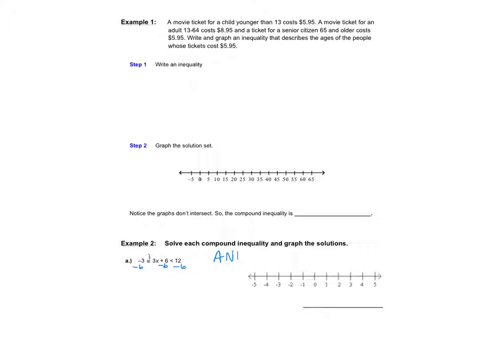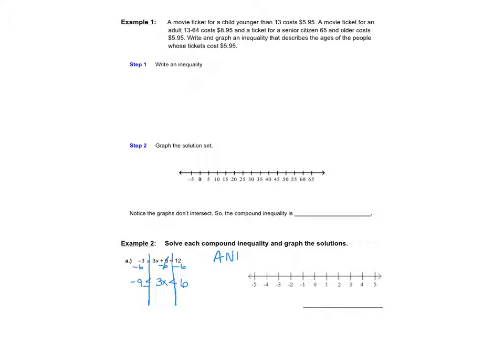If I draw a line through these inequality symbols, you might know what I mean a little better. I had to do it to both sides of the inequality. That canceled, and now I have negative 9 is less than or equal to 3x, which is still stuck in the middle, less than 12 minus 6, which is 6.